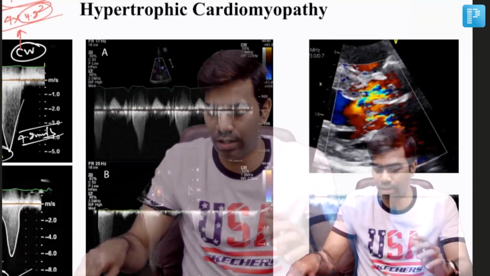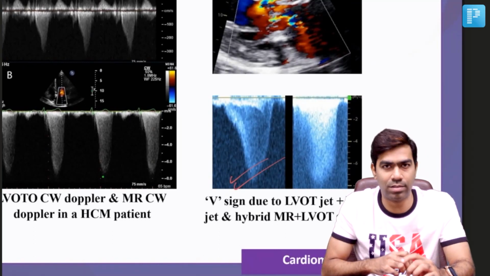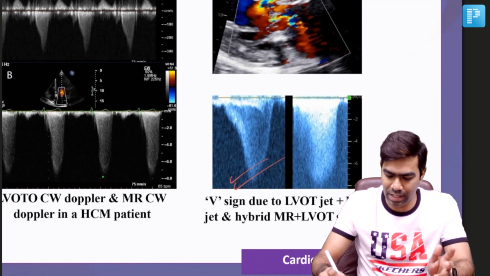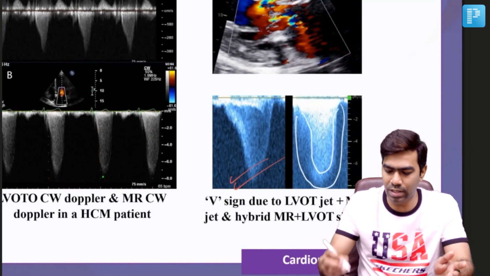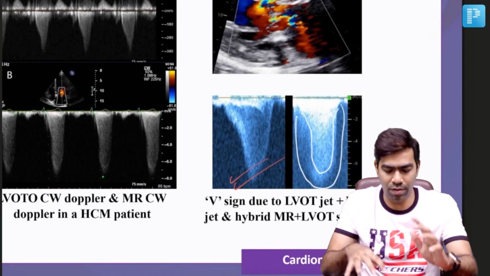Sometimes if you're not opening up the LVOT properly, these two waveforms can merge together and can result in a kind of a hybrid waveform like this. So sometimes it will be very difficult to differentiate, but I can say that this is probably the LVOT waveform and this is probably the MR waveform. So how will you differentiate between LVOT waveform and MR waveform?